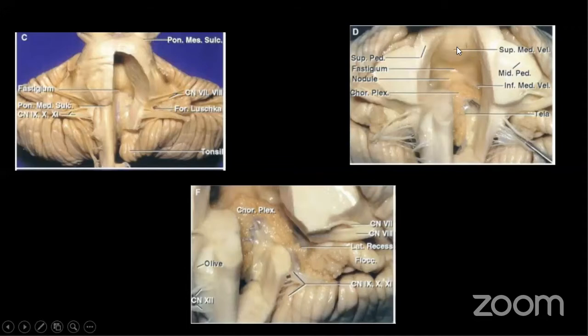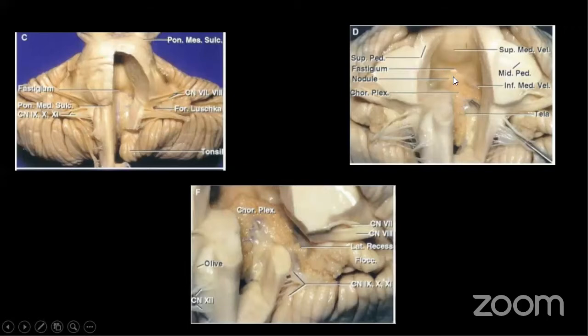We can appreciate this is the superior medullary velum forming the superior slope of the roof of the fourth ventricle in the median portion, and laterally it is bounded by the superior cerebellar peduncle. And then we have the fastigium, that is the demarcation, the posterior most part of the roof of the fourth ventricle.